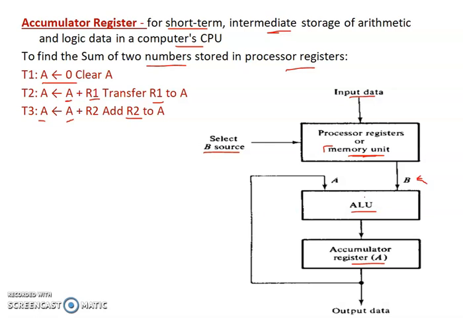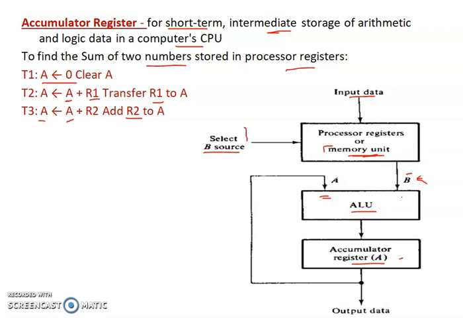And the ALU, first A will be initialized to 0. Then that accumulator value will be given as input to the ALU as the first operand. Then based on the signal that is given, it will retrieve the information from the processor register or memory cell and place it on the B bus.